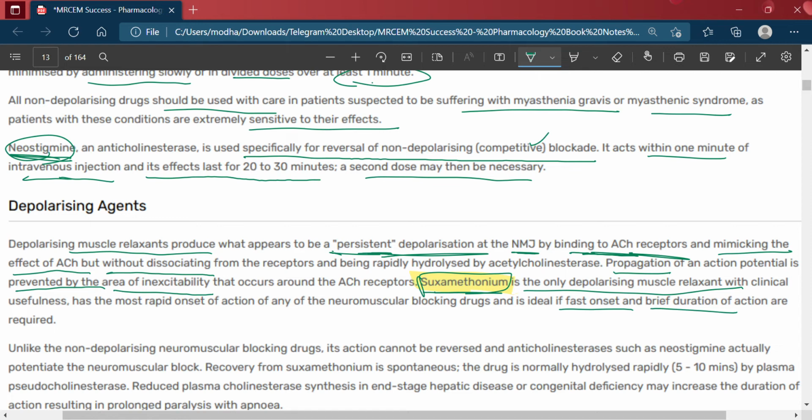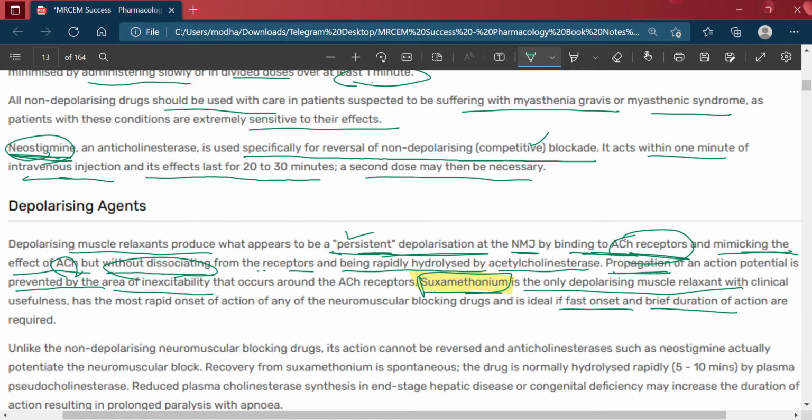So what we have seen here is that depolarizing muscle relaxants produce what appears to be persistent depolarization at the neuromuscular junction by binding to the acetylcholine receptor and mimicking the effect of acetylcholine, but without dissociating from the receptor, being rapidly hydrolyzed by acetylcholinesterase.